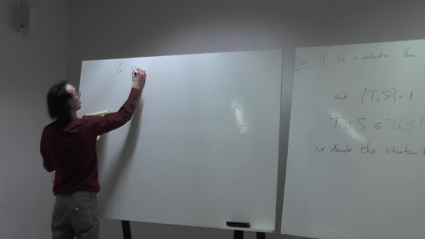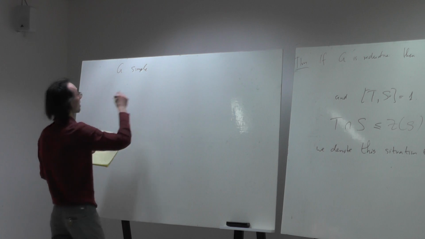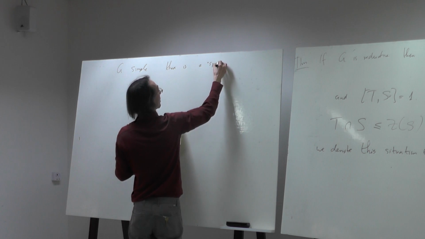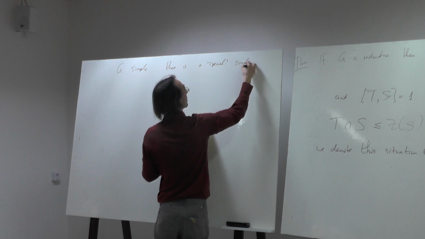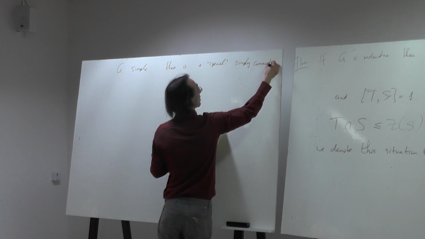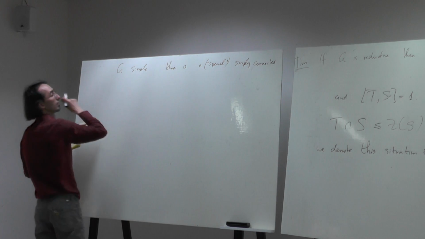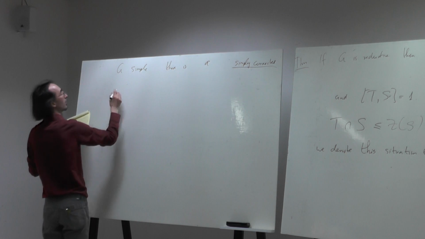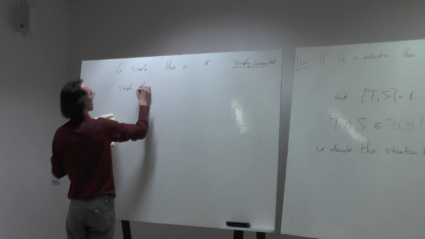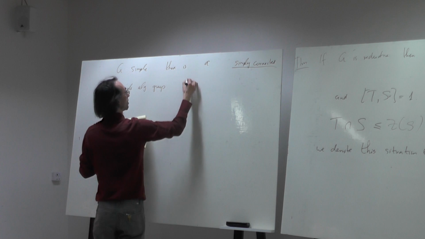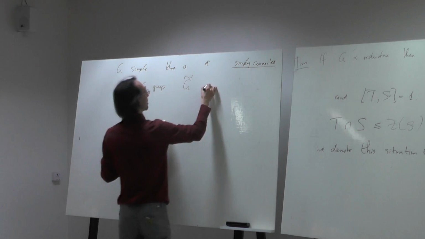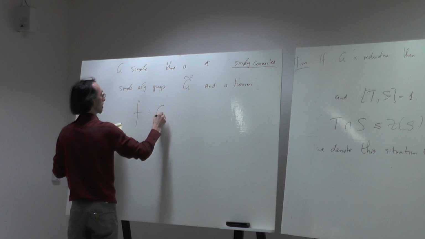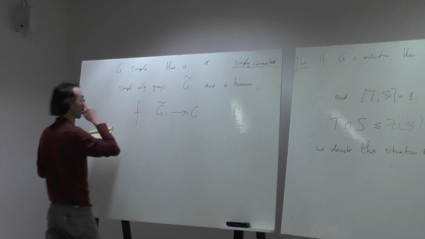If G is simple, then there is a special, and the technical name is simply connected, simply connected simple algebraic group G tilde and a homomorphism of algebraic groups, a surjective homomorphism with finite kernel.